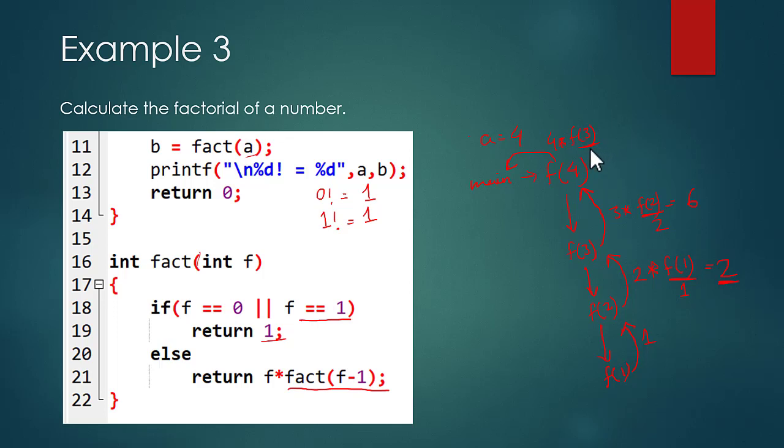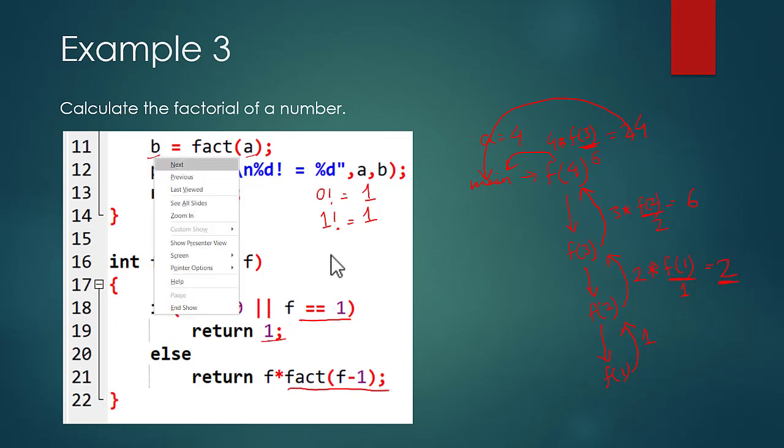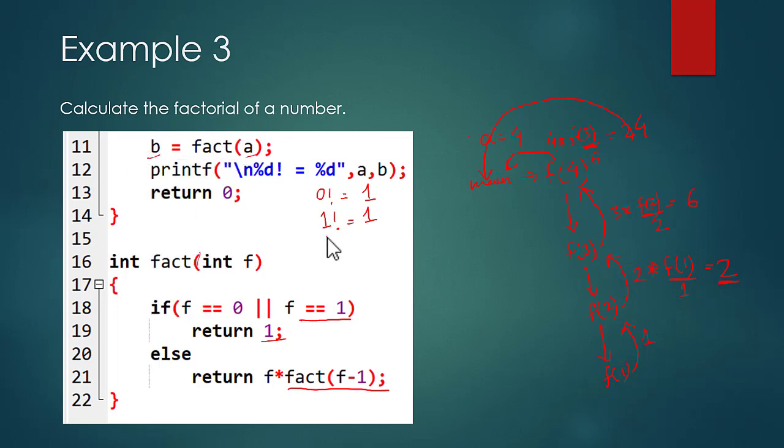It will become 4 into 6, that is 24. And this value 24 will be returned to the main function. So in the main function, the value 24 will be stored in the variable b. So if the a value is 4, the output will be factorial of 4 is equal to 24.